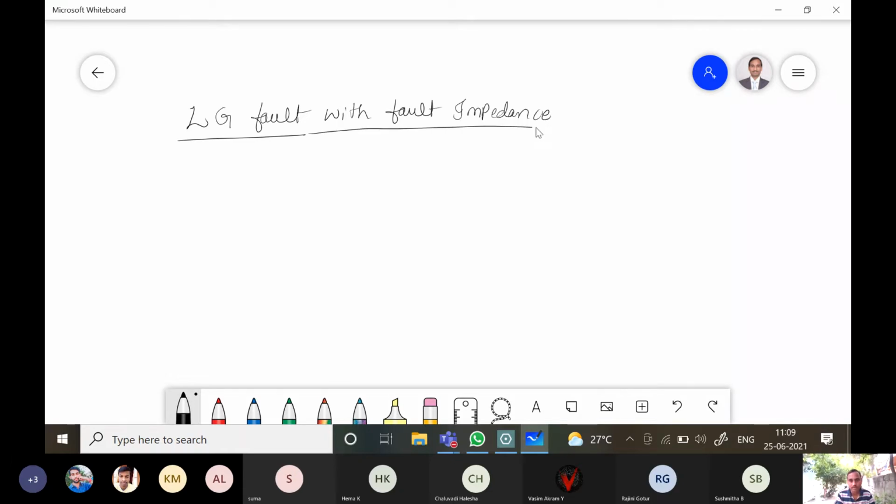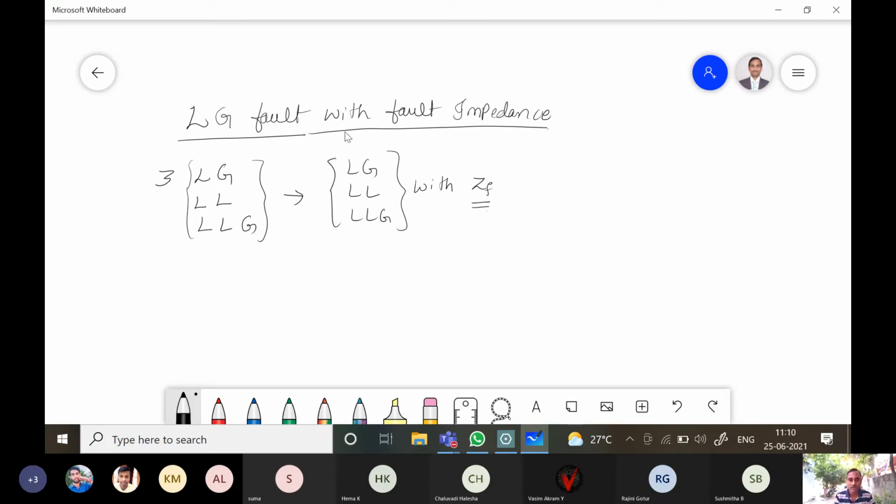We have already studied three derivations: LG fault, LL fault, and LLG fault. Now we will compare these with the fault impedance, that is ZF. Now we need to derive the expression for LG, LL, and LLG faults with fault impedance.